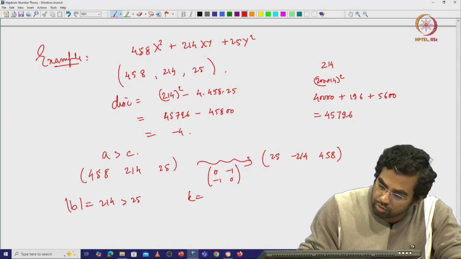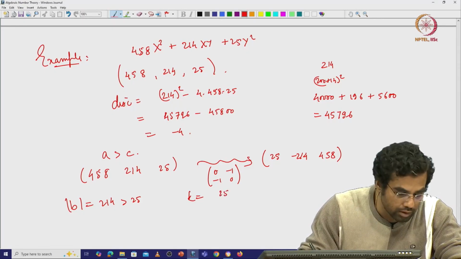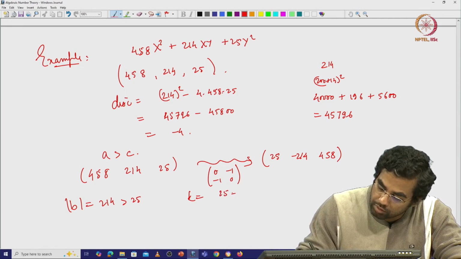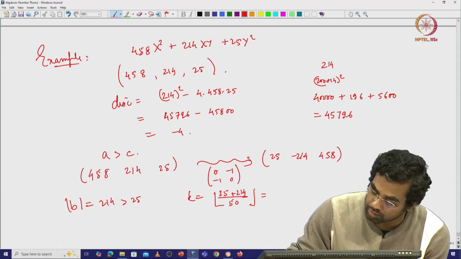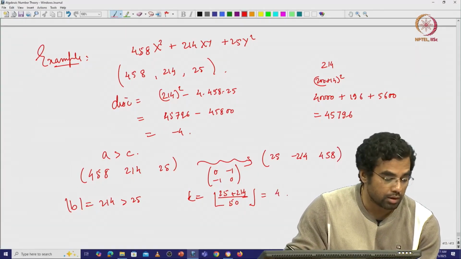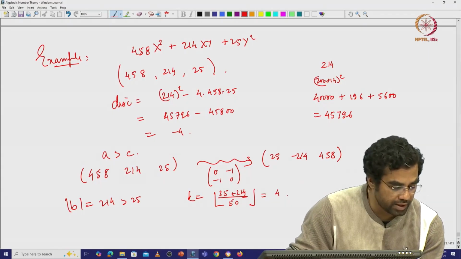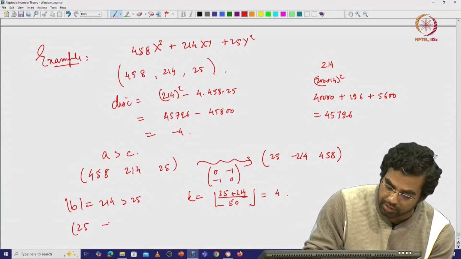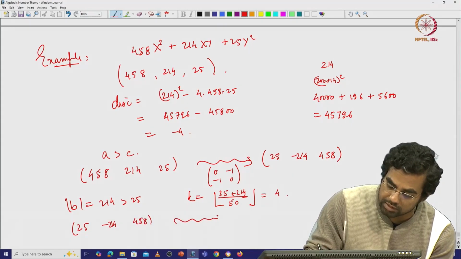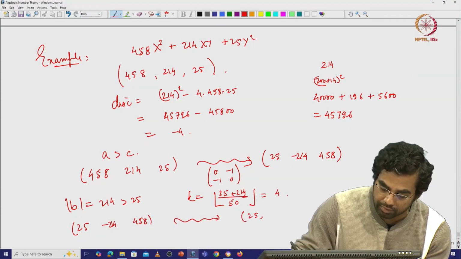So, you take K to be the floor of (A - B) / 2A, so (25 + 214) / 50, the floor of this, which is 4. Okay, so we replace that by this. So, (25, -214, 458) turns out to be equivalent to (25, -14, 2).